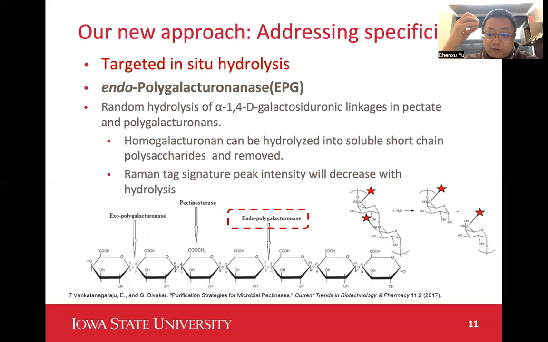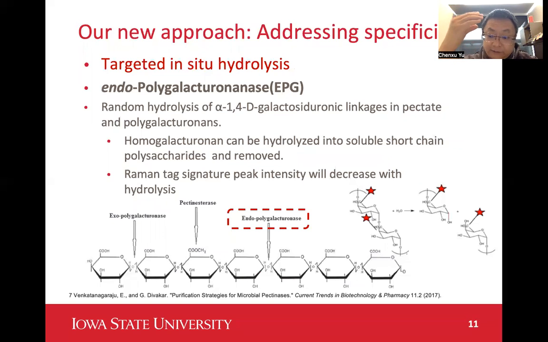The enzymes that we choose to use in this study are two types. One is the EPG, that is the enzyme that chops down the 1,4-D-galacturonic linkage. This is a backbone linkage in the polygalacturonans, the PG, right? So once we chop that down into smaller pieces and they are washed away, we compare the signal before and after hydrolysis.